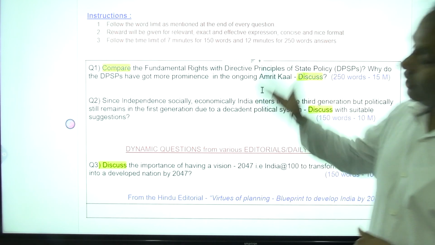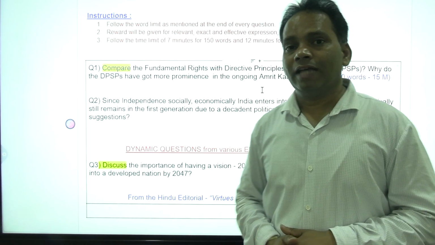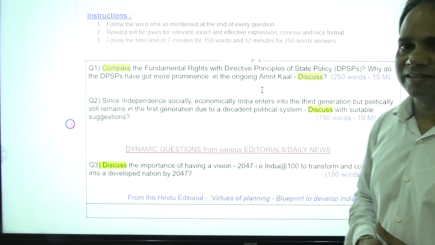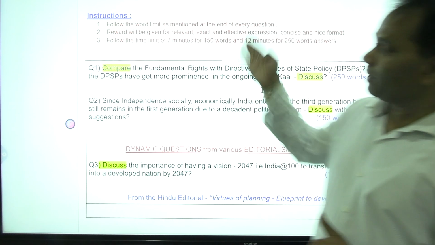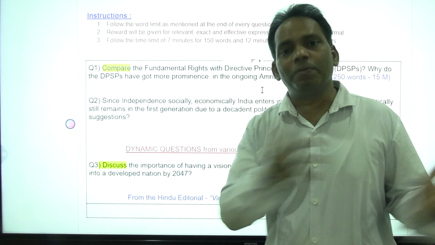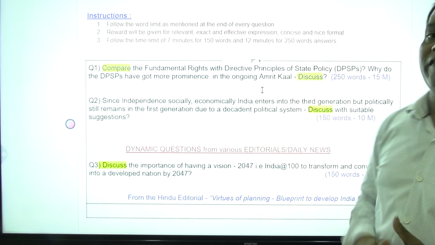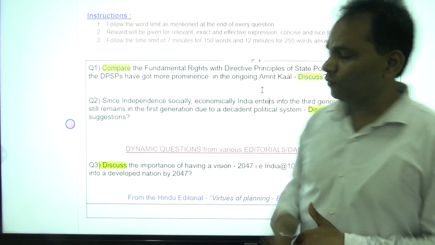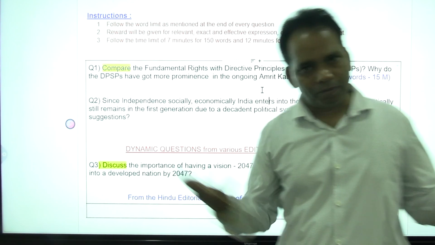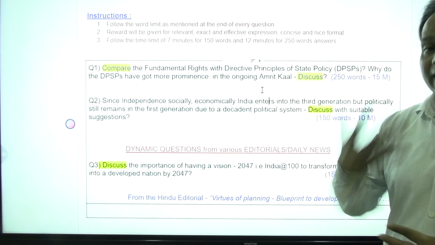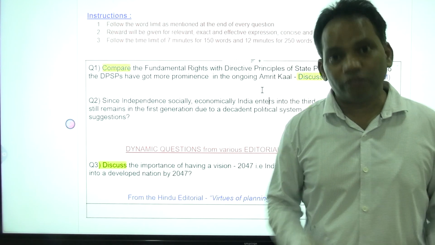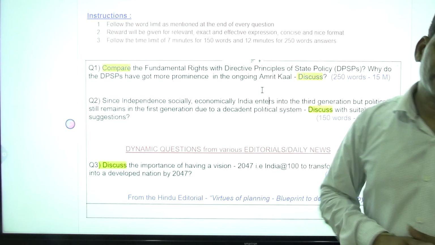Unless we fill these gaps, we can't become a truly developed nation, even though we may become one at the macro level, because by 2047 India is going to become one of the major economies, the second largest economy in the world. What is the use unless we fill the gaps?